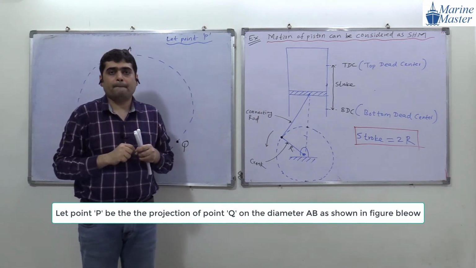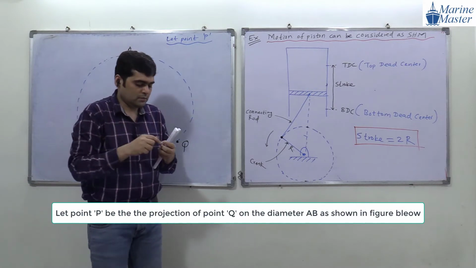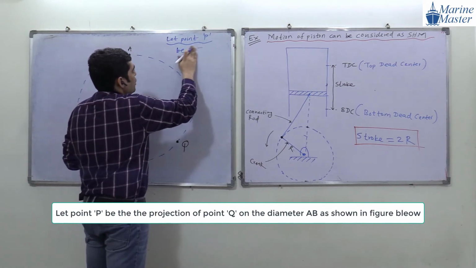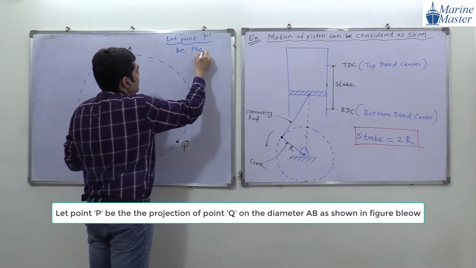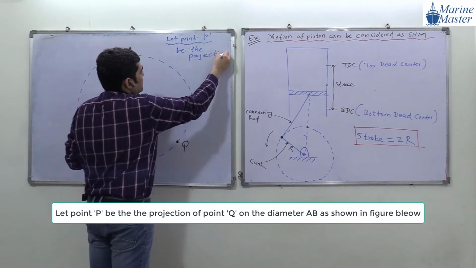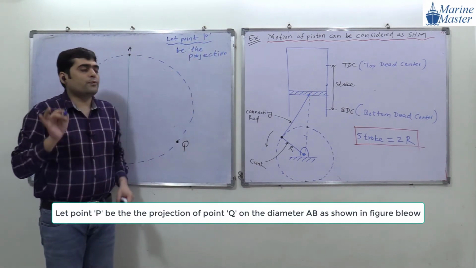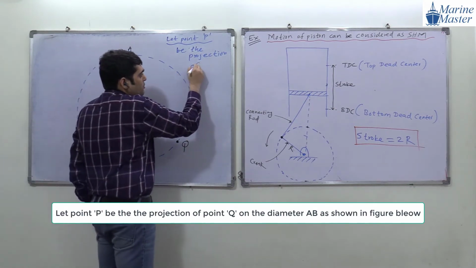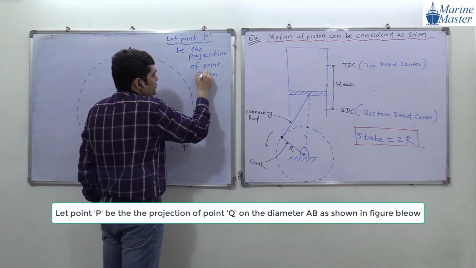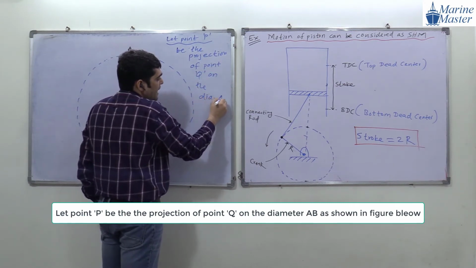Let point P be the projection of point Q. Projection of what, everyone? Projection of point Q on the diameter AB.